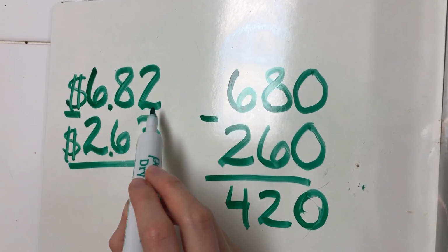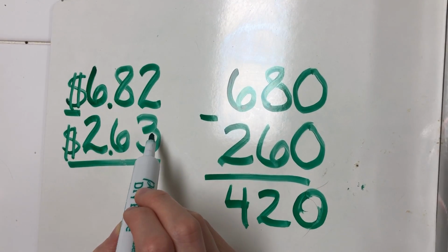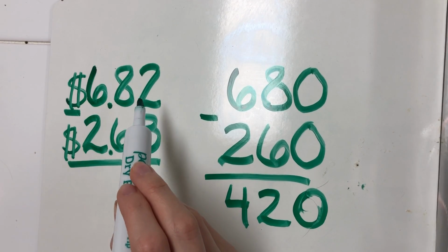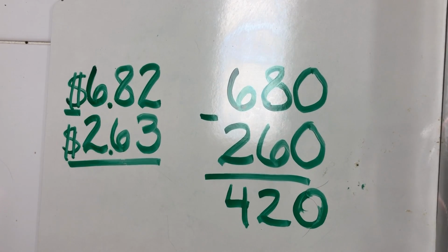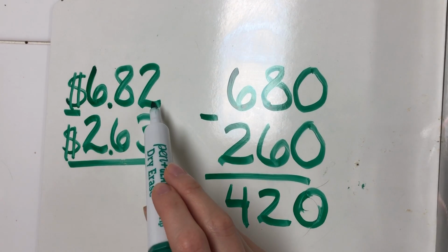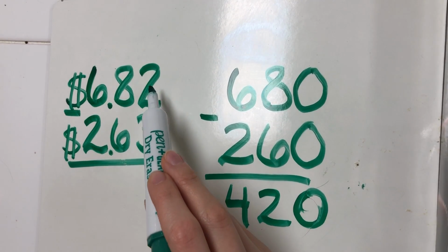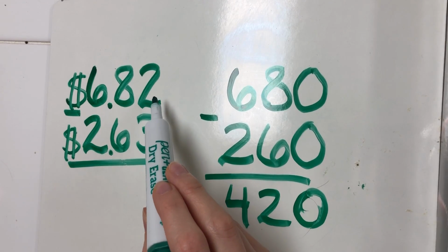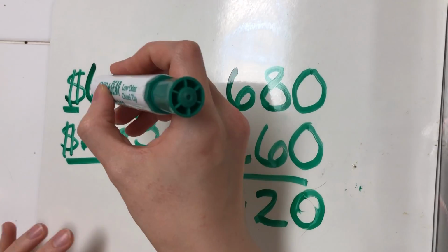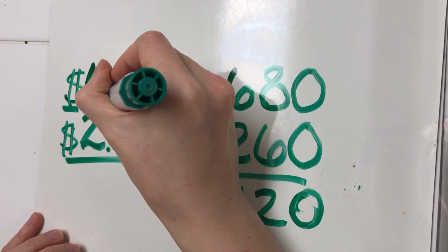So we'll start with the ones place because we always start with the ones place when we're subtracting. So do I have enough ones? No, I don't, because I cannot take 3 away from 2. This number needs to be bigger on top. So I need to borrow from the tens place. So I'm going to borrow from this 8, which is in the tens place.